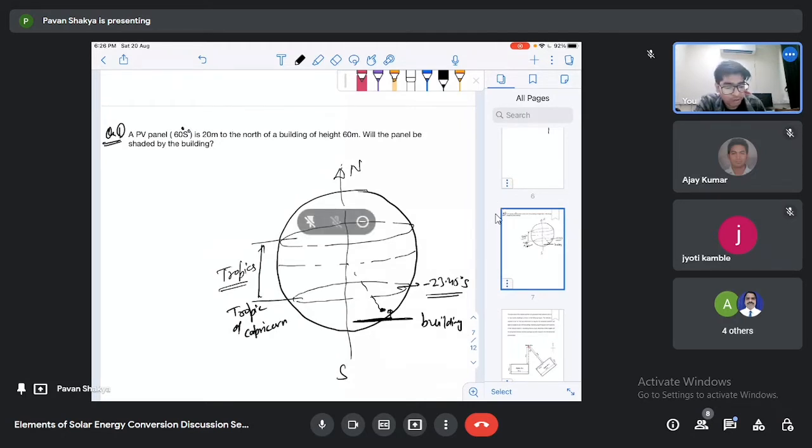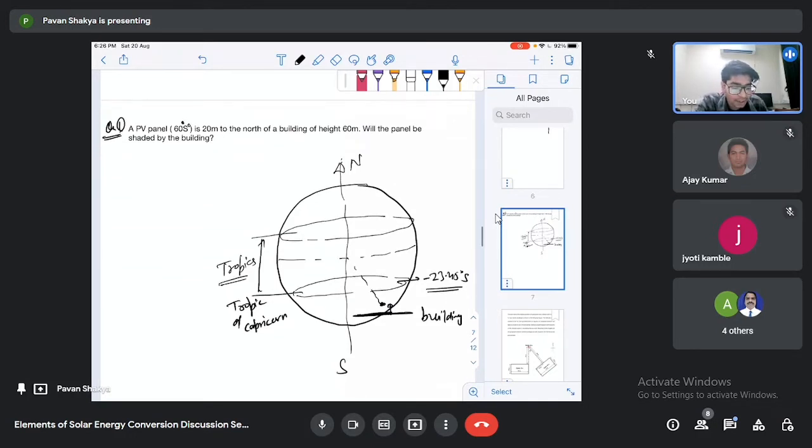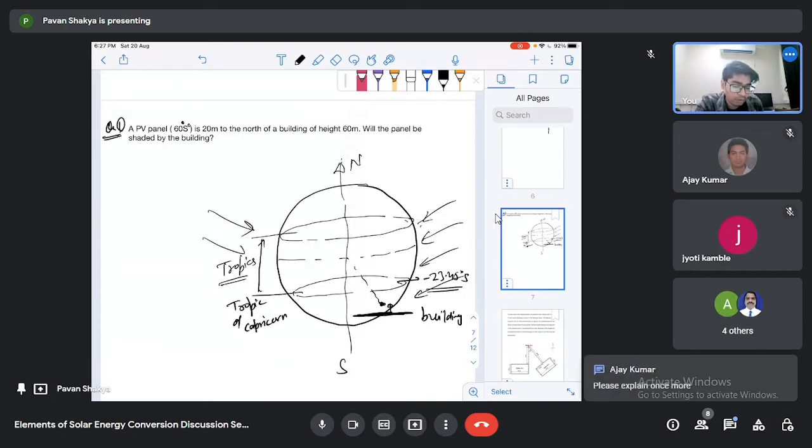Does anyone have any doubt in this? Okay, fine. Now you have the figure, and you can see that the sun radiates normally only between these tropics, and the building is south of this panel. So the sun will always be like this, either this or this.